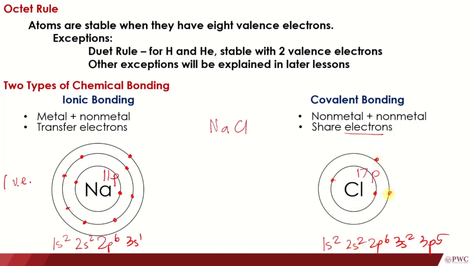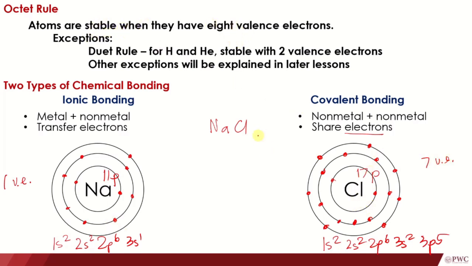Then on the third energy level, we have 2 plus 5, so 7 electrons, and these are the valence electrons. These are the outermost electrons of Cl. Again, 7 valence electrons. So both atoms are not happy. Again, they are stable or happy with 8 valence electrons.